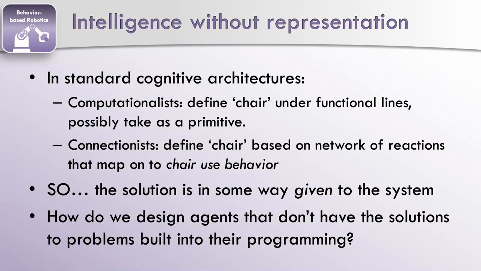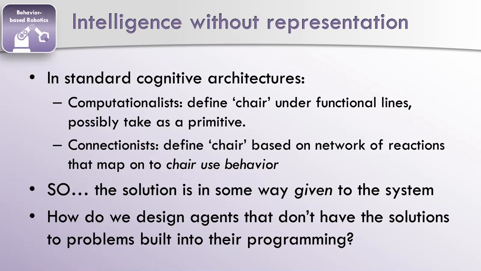sure. If you're a connectionist, you might base what a chair is on chair use behavior. So mapping on when you can successfully sit down versus not, you'd eventually fail enough times to get it right and come up with a rough set of processes that will give you the right answer every time, or most every time.